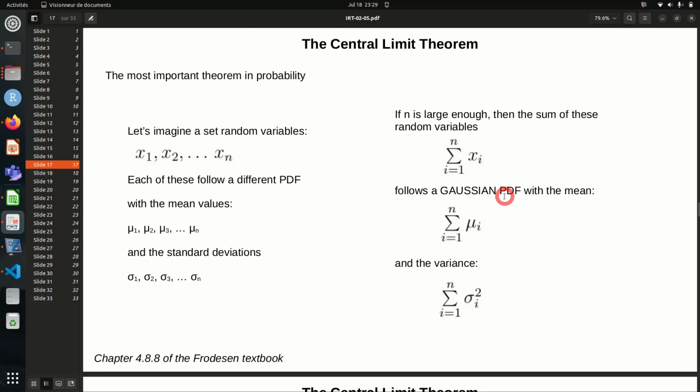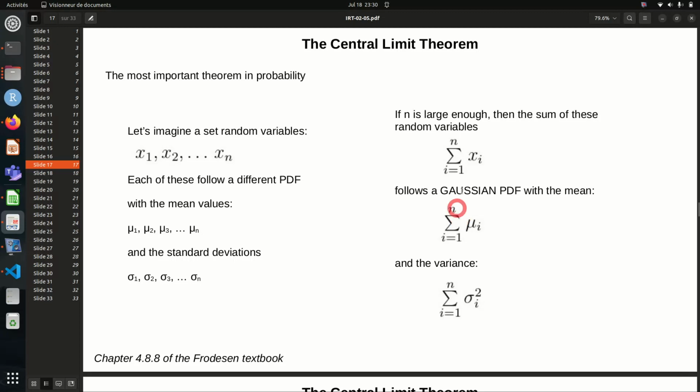And that's really cool, because it means that if you have different things that you don't really know, you just need to sum them, and you know for sure that the sum is going to follow a Gaussian. This is valid only if n is large enough. Typically large enough is 10. As long as you sum 10 random variables, you have a Gaussian PDF.